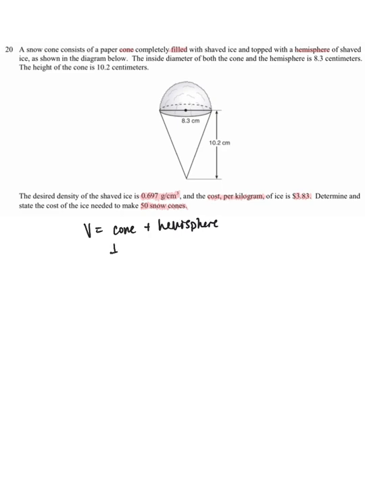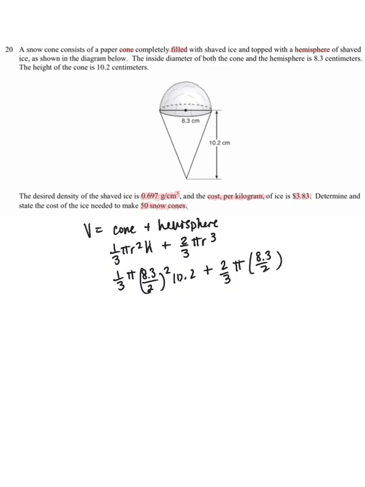So volume is going to be the cone plus the hemisphere. Okay, the cone's formula is 1/3 pi r squared h. The hemisphere is going to be, remember, 2/3 from the previous page, pi r cubed. So this will be 1/3 pi, okay, r is going to be 8.3 divided by 2 squared times 10.2, plus 2/3 pi, and we have r, 8.3 divided by 2 cubed.